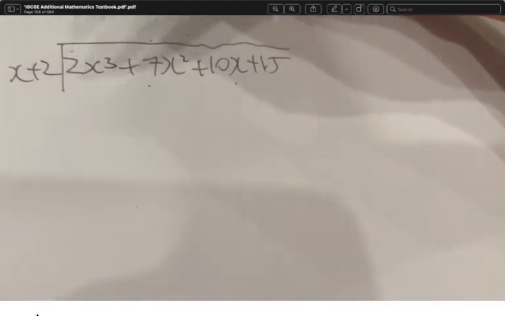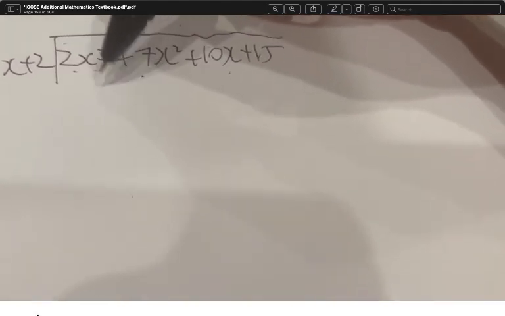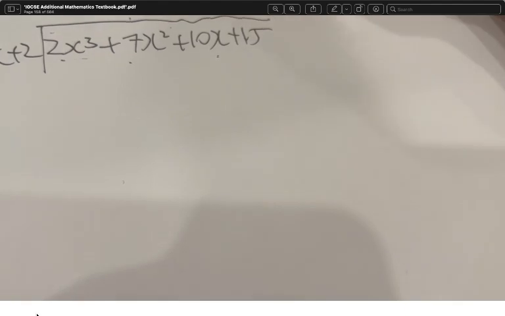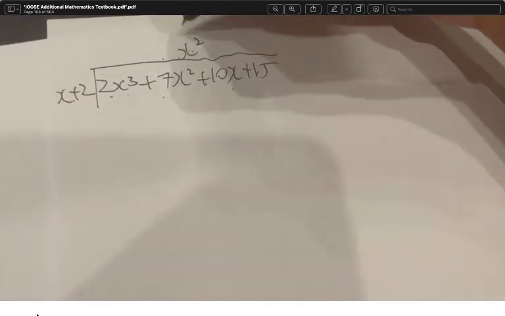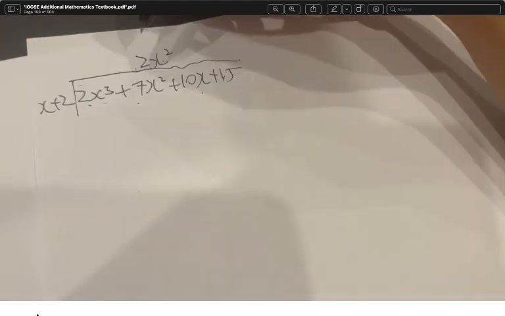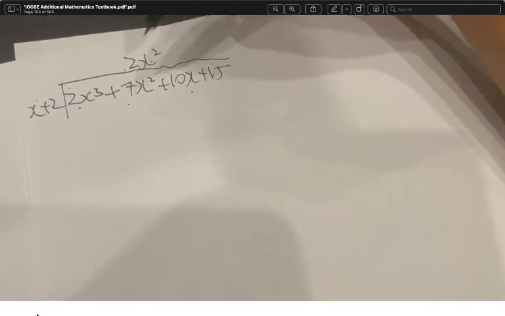To obtain the highest term 2x³ from the divisor, look at the term x. The first term of the quotient for the highest power of x would have to be x² to obtain x³. As the coefficient in front is 2, the 2 will be added in front as 2x² times x is 2x³.